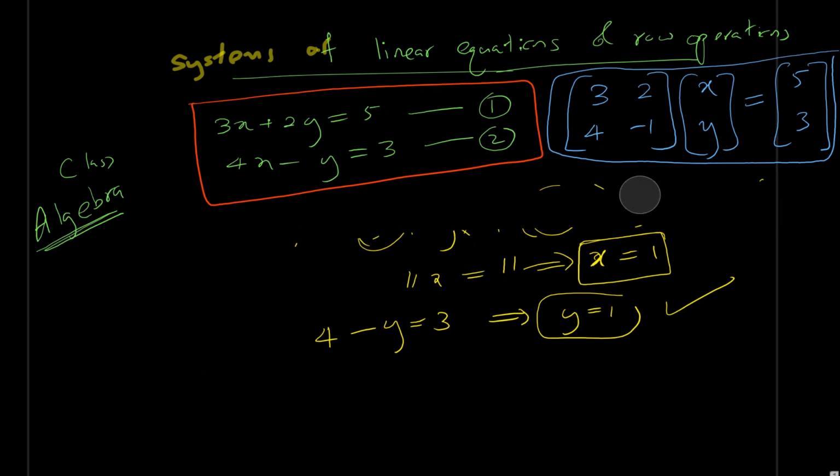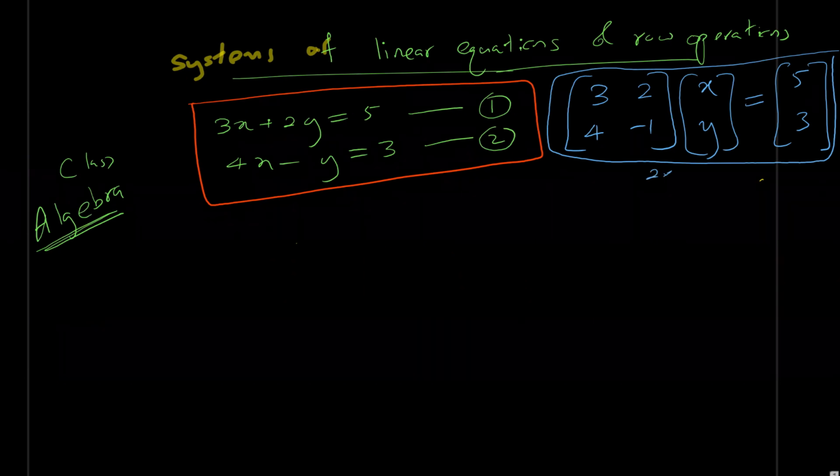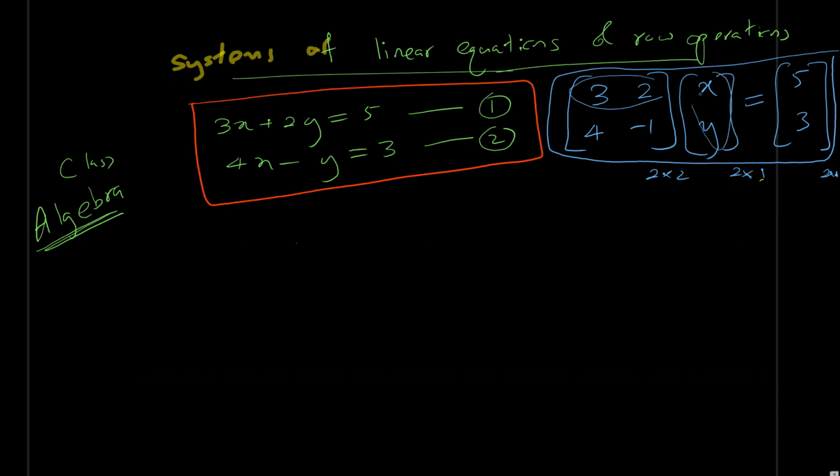Now let me explain why, and it should be clear by matrix multiplication. Let's double check by actually multiplying it. Again, the first one is a 2 by 2 matrix, the second one a 2 by 1 matrix. So when you multiply these two, you should get a 2 by 1, which is this matrix. If you multiply this row with this column, that's how we multiply matrices: 3x plus 2y, and then 4x minus y, and equals 5, 3.